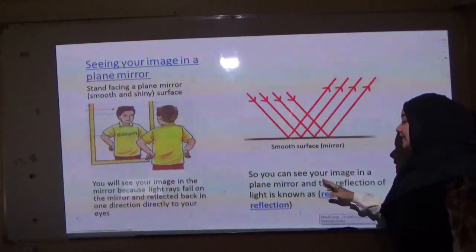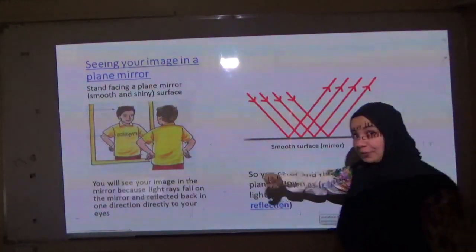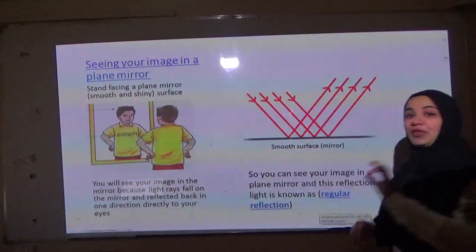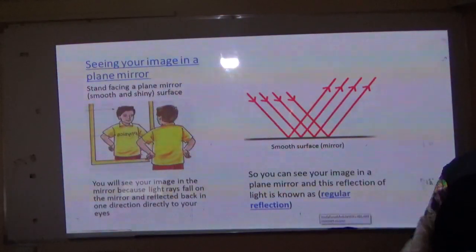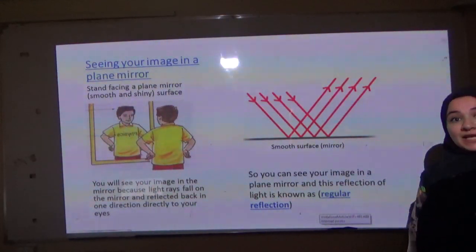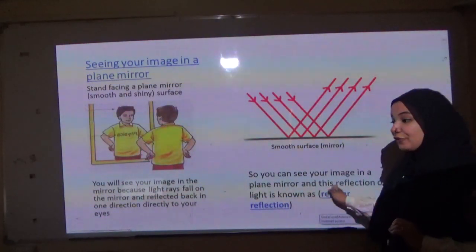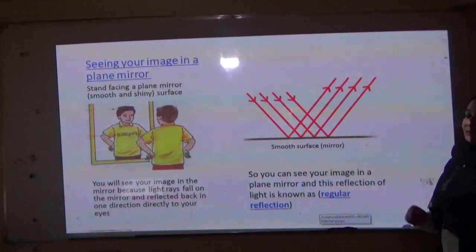This type of reflection, where the light is reflected from a smooth and shiny surface, is called regular reflection. The name of this type is very important: regular reflection.